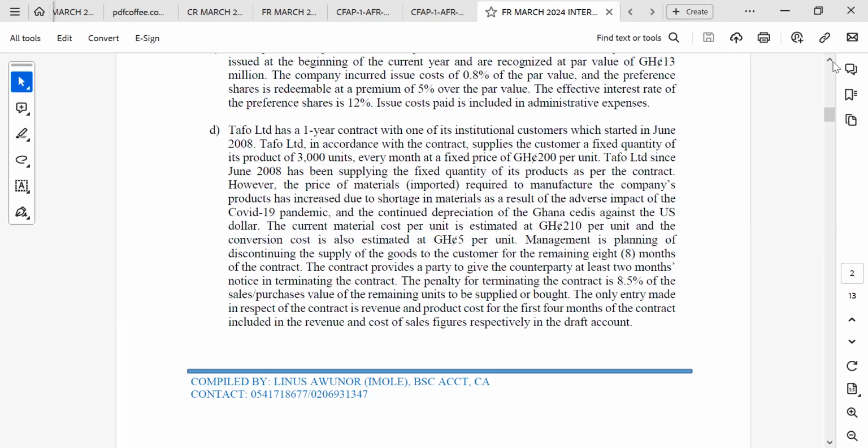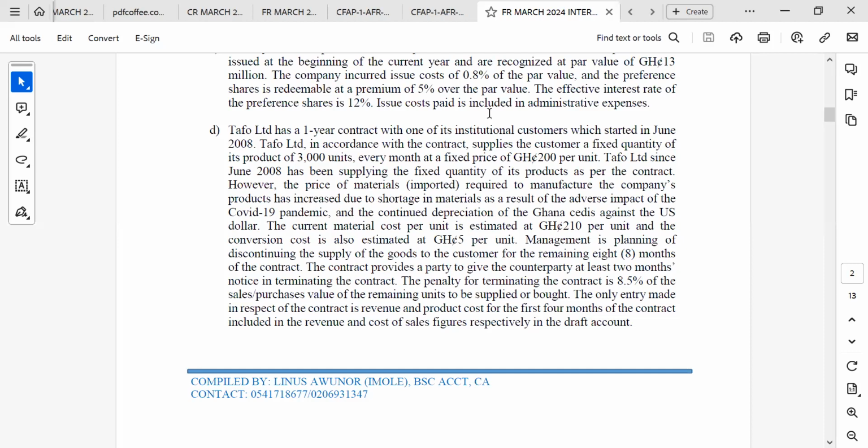Have you heard about onerous contract before? Yes. Okay. Yes, sir. What is an onerous contract? A contract that you are going to incur more than what you get, yet you can't stop. Okay. Am I right?